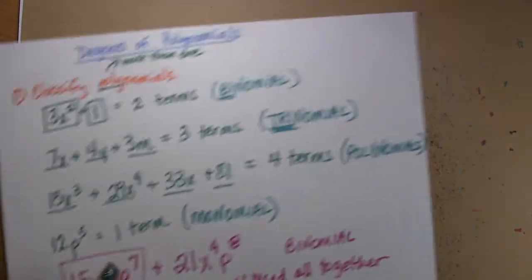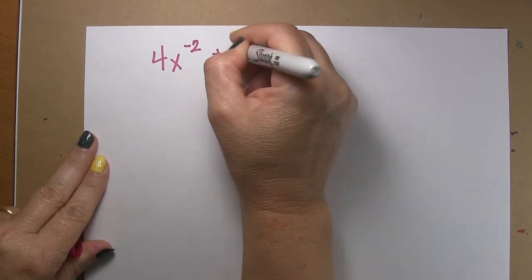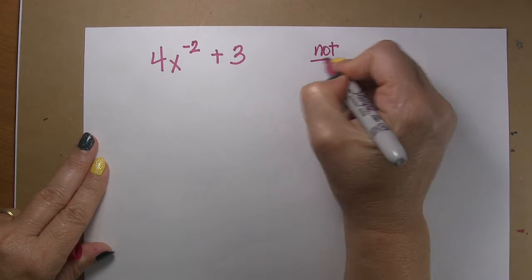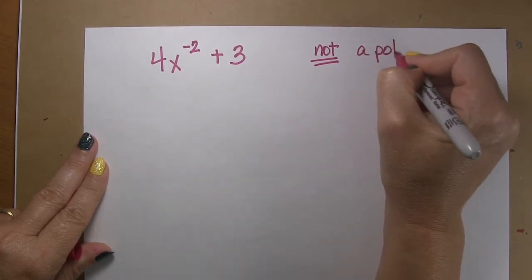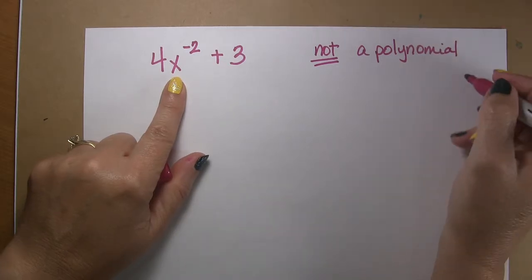Now, I will give you some exceptions to polynomials. These are common, tricky questions. So let's say we have this, 4x to the negative 2 plus 3. Guess what? This is not a polynomial. What? You're saying? It sure looks like a binomial to me.